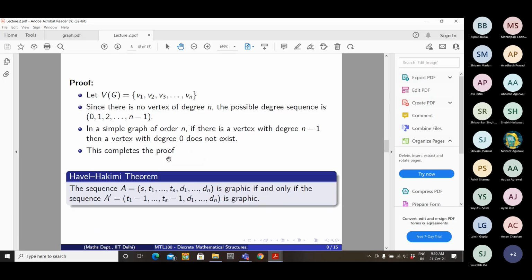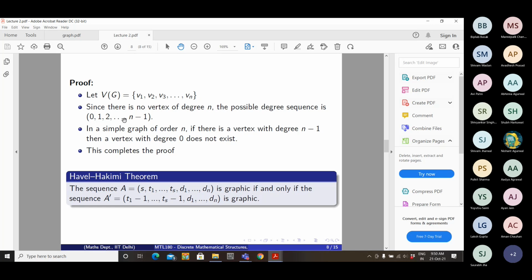None of the vertices has degree n, because if v1 has degree n, then v1 must be adjacent to n other vertices. But in your graph you have only n vertices, so except v1 we have exactly n minus 1 vertices. So a vertex of degree n is not possible. So the only possible degree sequence is 0, 1, 2 up to n minus 1.